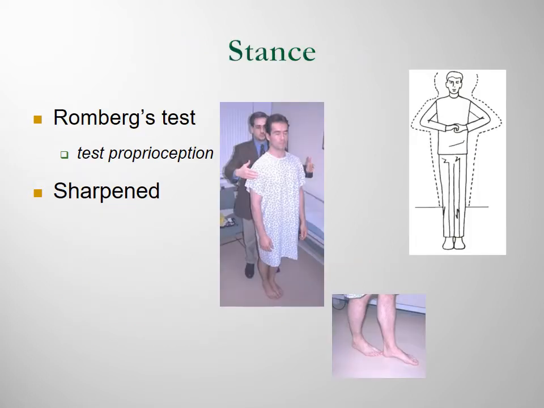First, the stance. We ask the patient to stand to test the proprioception, and we ask the patient to close his eyes and put the feet near each other or in front of each other, or put the hands in front of us to do the sharpened Romberg test.